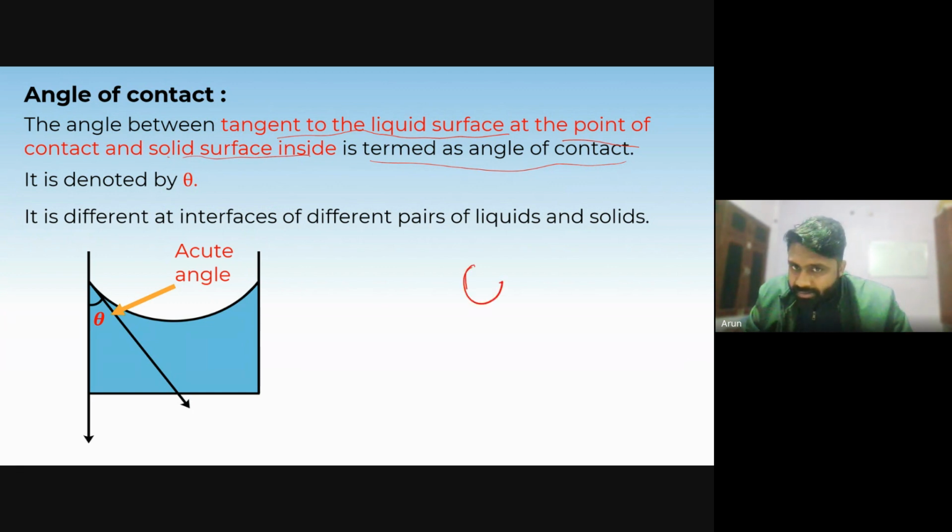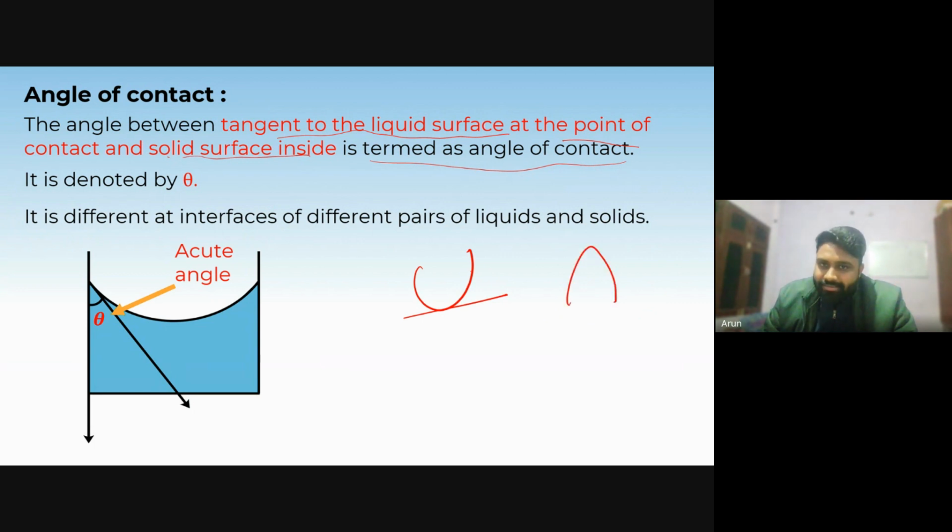So cohesive dominating means it is not making so much contact, and we will have a surface like this. And the rest is opposite: if the adhesive force is acting, A will be drawn like this, so they will make contact like this. For C the shape will be like this, for A the shape will be like this.